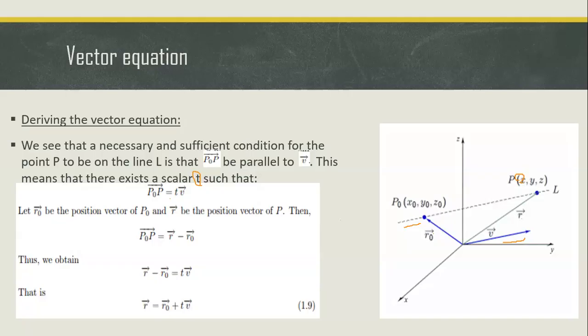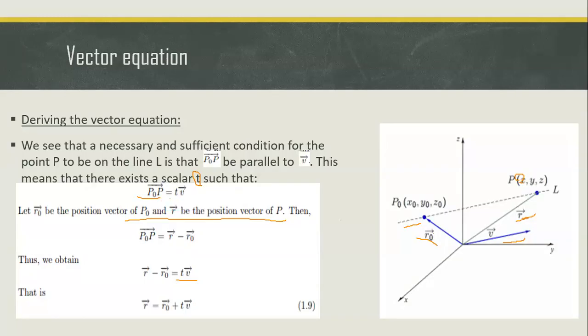Now, to get our equation, let vector R0 be the position vector of P0 and vector R be the position vector of P. So here is where we get R0 and vector R. So what we're going to do now, we have vector R minus vector R0 is equal to the scalar t times vector V, which is equal to vector P0P.